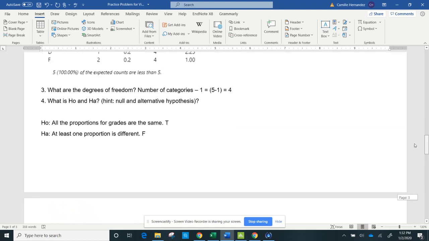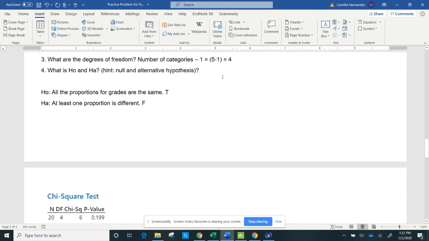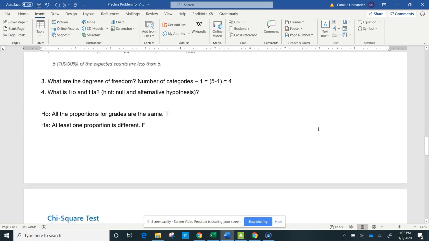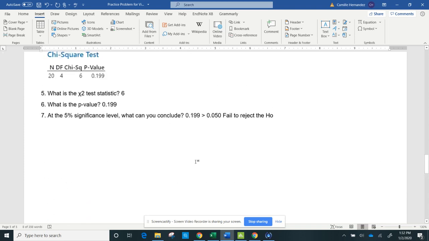So because I failed to reject the null again, here I am. All the proportions for the grades are the same. So then I'm going to be lazy and take my hypothesis, and this is another case of if you write really good hypotheses, it makes your life so much easier at the end. So I'm going to paste that there, and I'm going to take this line here too, and just throw it in front of there.